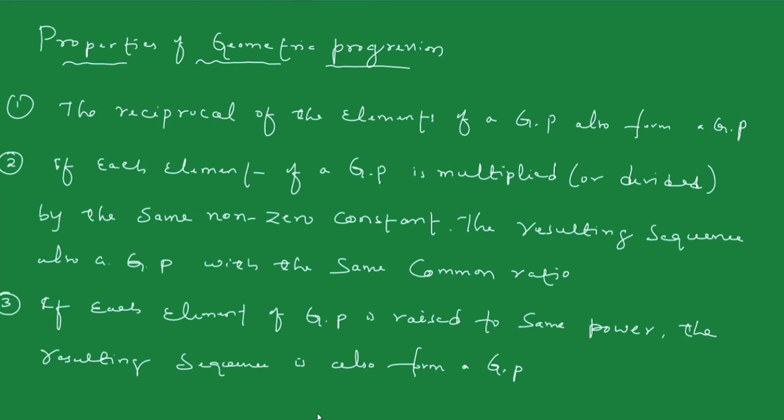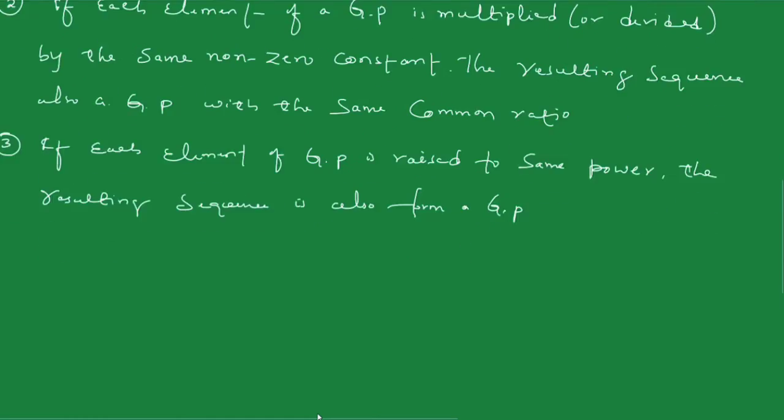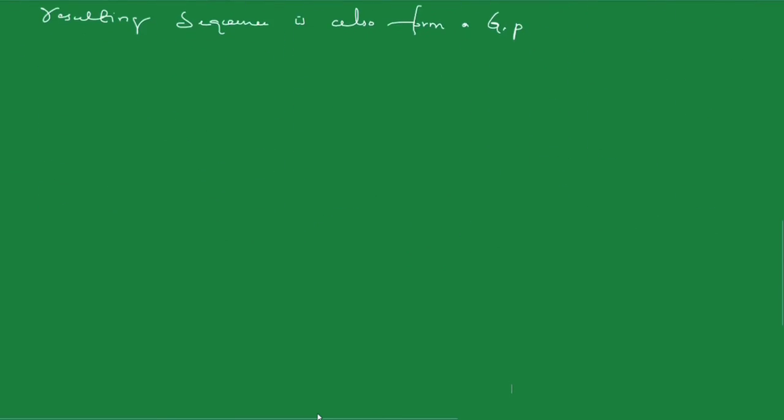If each element of a GP is raised to the same power, then the resulting sequence will be a GP. The power should be the same for every element. Each element of a GP is raised, then the resulting sequence also forms a GP, right? Next we will see, these are nothing but properties.